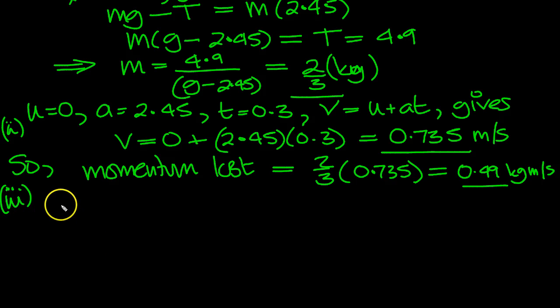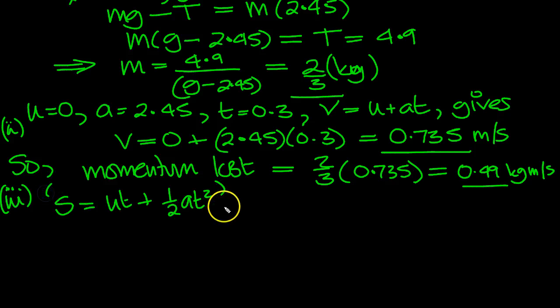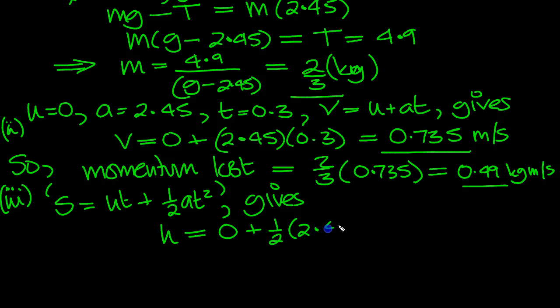So for part 3, if we use s equals ut plus half at squared, we know the time, we know the acceleration, and we know the initial velocity. So s will be the height that Q falls or P rises. u is 0, half times 2.45 times the t squared.